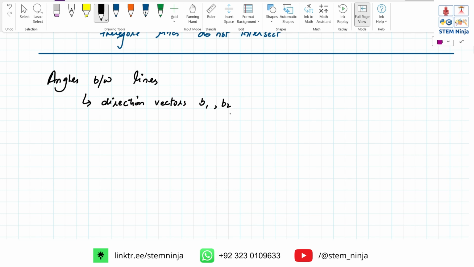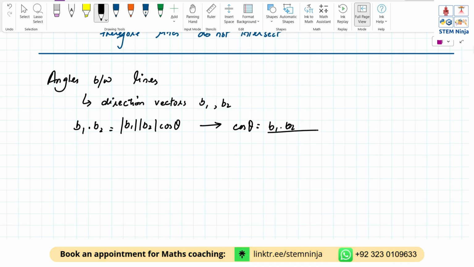Since we're talking about vectors, we recall the scalar product. B1 dot B2 equals magnitude of B1, magnitude of B2, cos theta. So this would be the angle between the two lines: B1 dot B2 divided by magnitude of B1, magnitude of B2.